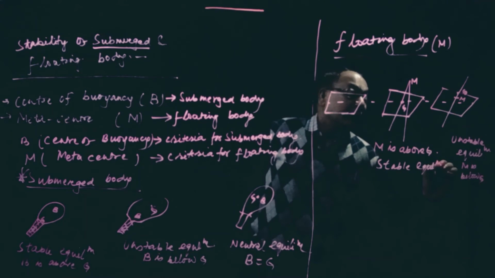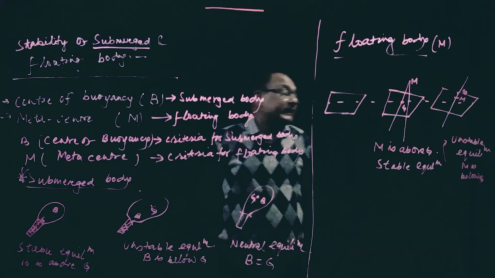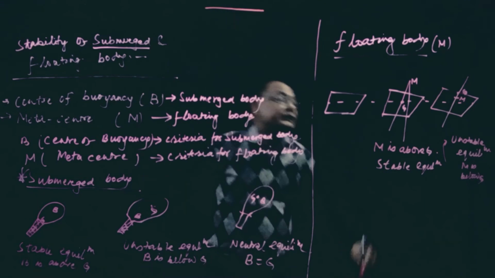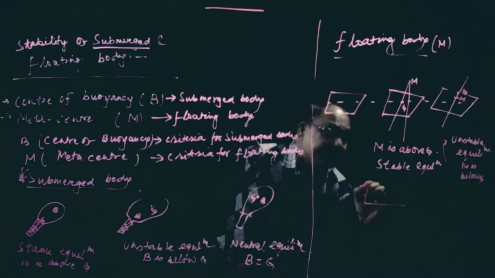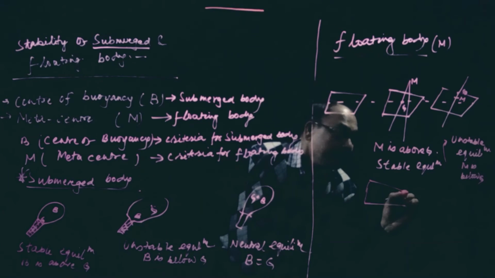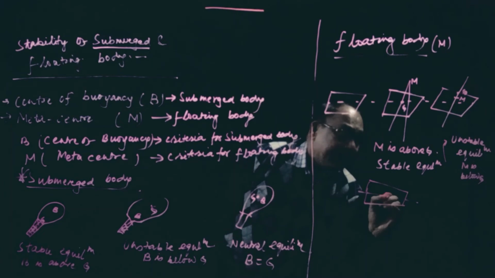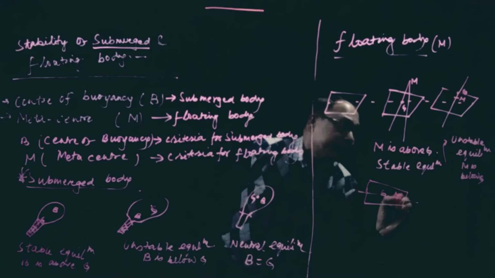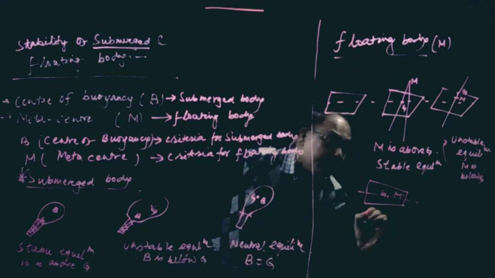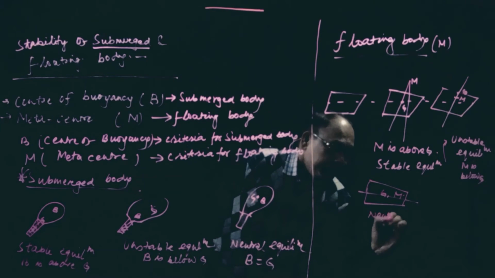Another is unstable equilibrium, that is M is below G. And one condition is like that when G and M both are at a point, that is called neutral equilibrium.